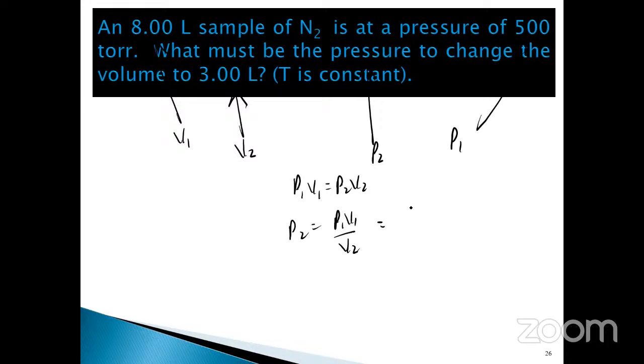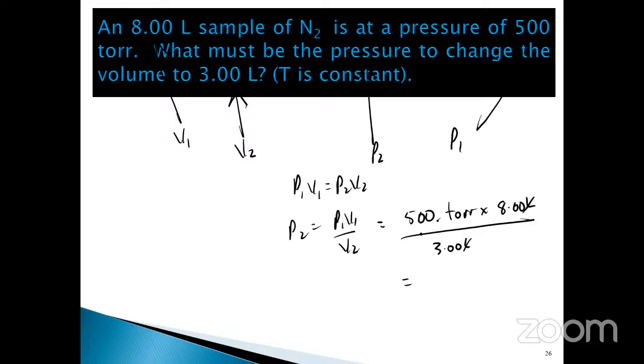So P1 is equal to 500 torr. And what I'm going to do here is put a decimal point there to make that 3 sig figs. And then V1 is equal to 8.00 liters divided by V2, which is 3.00 liters. And then from here, we have to do the math, and the liters unit will cancel out.